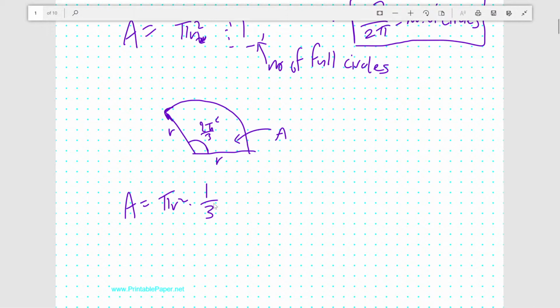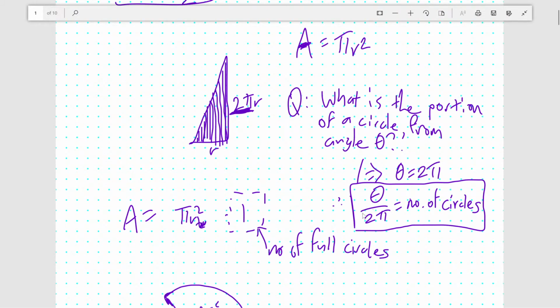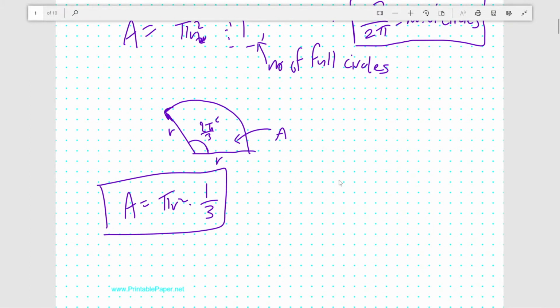So, why is this the case? Firstly, we can get it from the method that the number of circles is going to be equal to theta over 2 pi, so this number will be 2 pi over 3 radians over 2 pi, because that's the angle, and that's the angle per full rotation, so this will give you the number of full rotations.